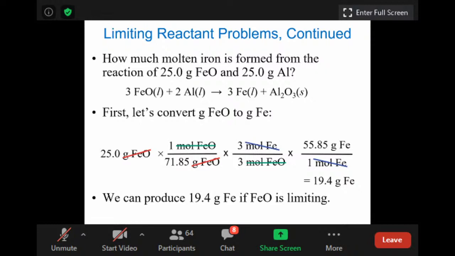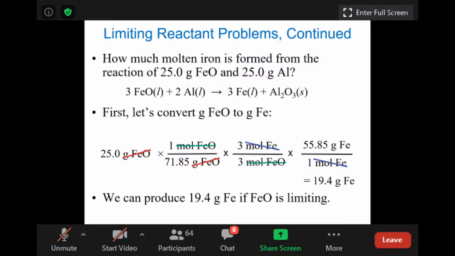Working with FeO simply means we are trying to figure out what contribution FeO will make in making the Fe, which is the molten iron, liquid iron. So we start with 25.0 grams. We need a molar mass for FeO.